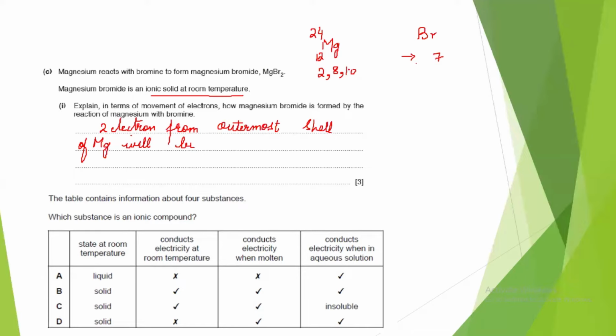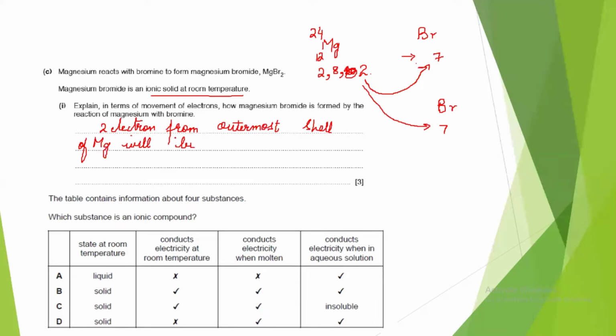I'm sorry, I have drawn it wrong. So it's 2,8,2. These 2 electrons will be transferred to bromine. One will be transferred to this bromine, which has 7 electrons in its outermost shell, and 1 electron will be transferred to this bromine, which also has 7 electrons in its outermost shell.